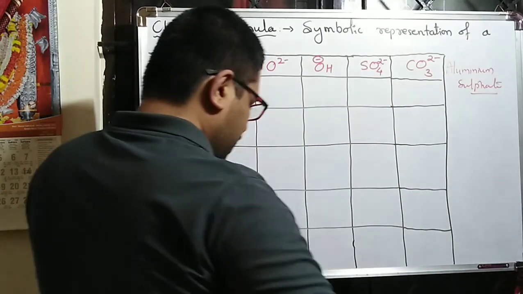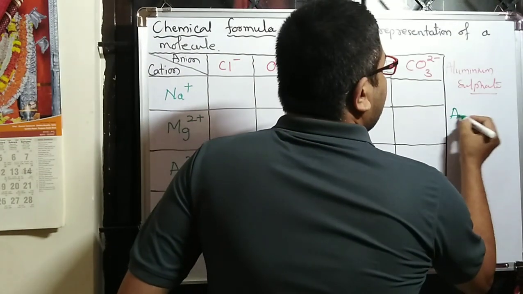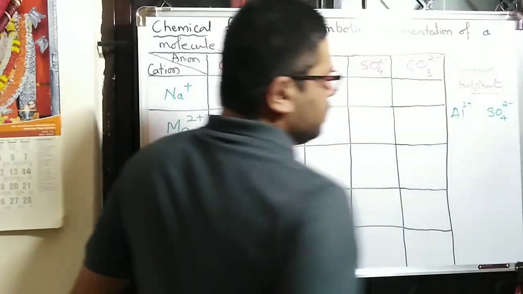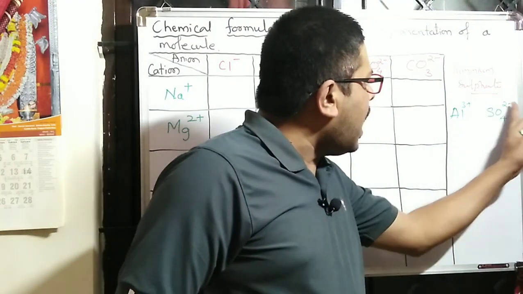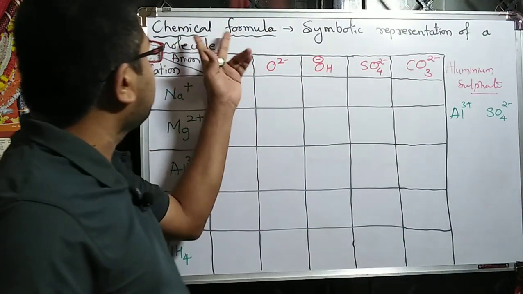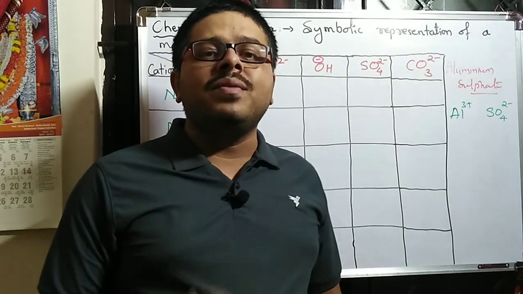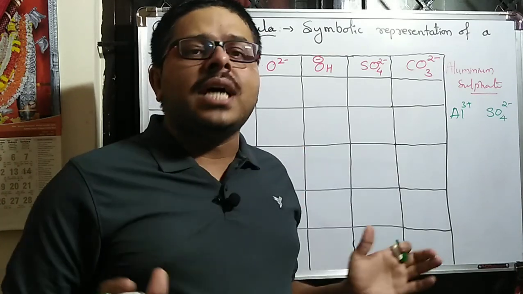Remember, in this particular case, we know that Al is 3+ and SO4 is 2-. Very simple. This charge, whatever it is there, that you have to balance. That is very important in case of the chemical formula. Remember, chemical formula for any molecule is always the neutral one. There should not be any charge present on it.